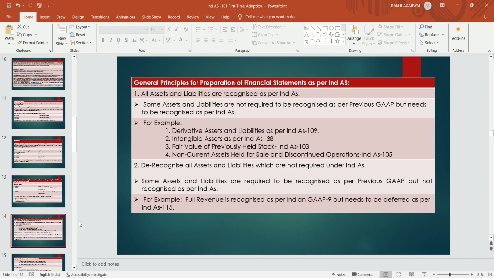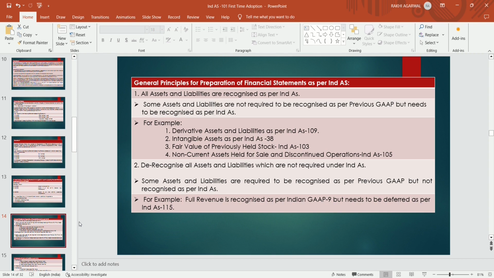So these items, which were not disclosed in the previous accounting standards, are required to be disclosed in Ind AS. Then another principle is to de-recognize all assets and liabilities which are not required in Ind AS. Some assets and liabilities are required as per previous GAAP, but not required as per Ind AS.